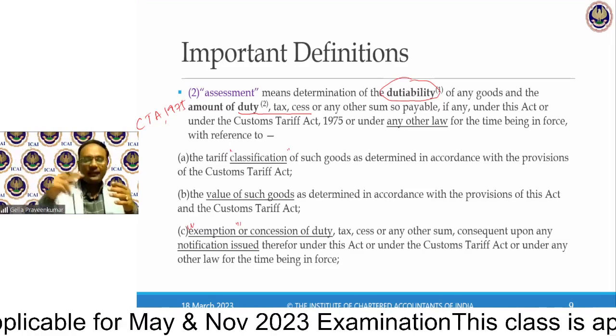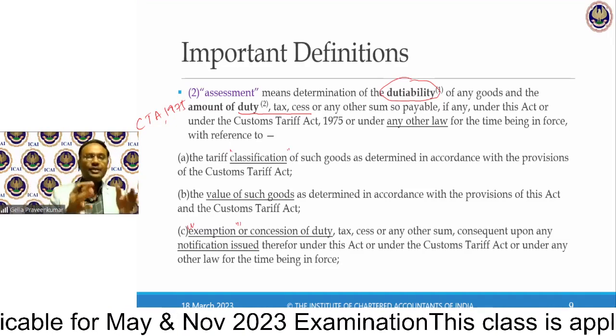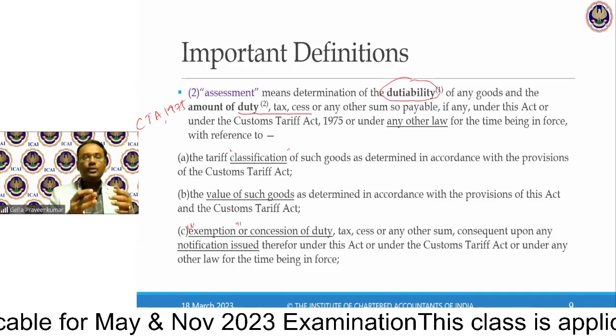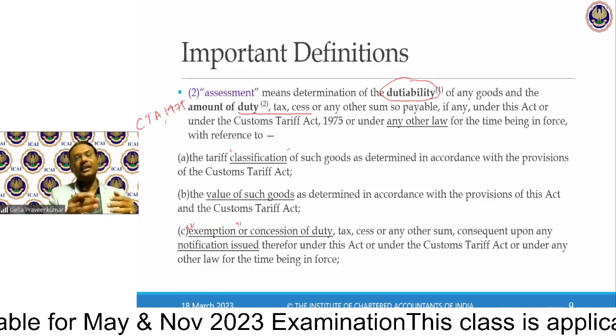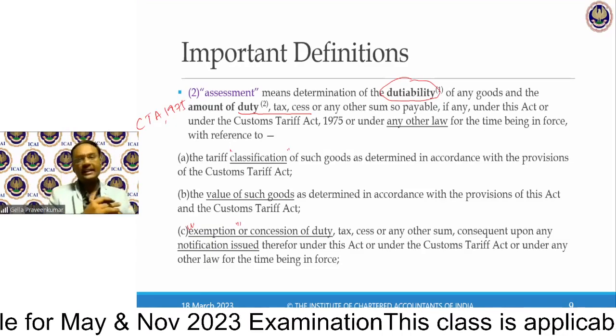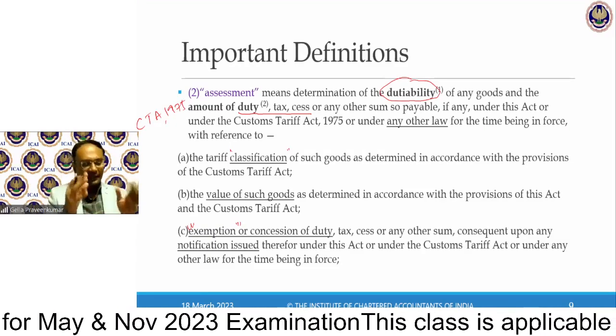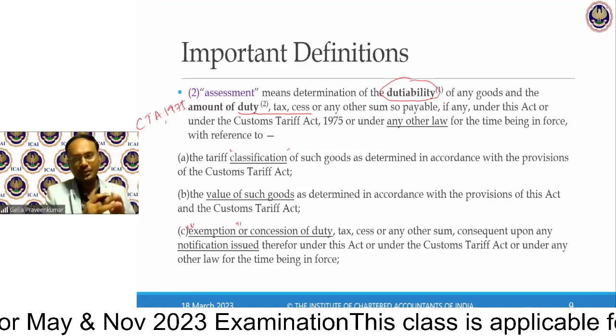Now, if you imagine the vessel which is moving, please understand that this vessel is not going to carry the goods only meant for India. It is going to carry goods meant for customers other than the destination in India. So here, when I say dutiability, first and foremost, are those goods subject to customs duty?